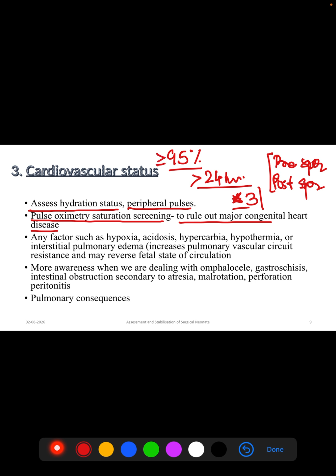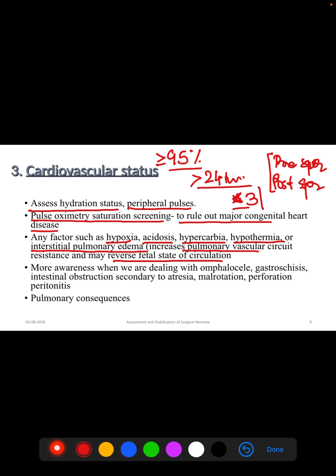So any factor, वो क्या हो सकते हैं फैक्टर? हाइपोक्सिया हो सकता है, एसिडोसिस हो सकता है, हाइपरकार्बिया हो सकता है, हाइपोथर्मिया हो सकता है, and interstitial pulmonary edema. Because of all these things which are going on, it will increase the pulmonary vascular resistance and it may reverse the fetal state of circulation.